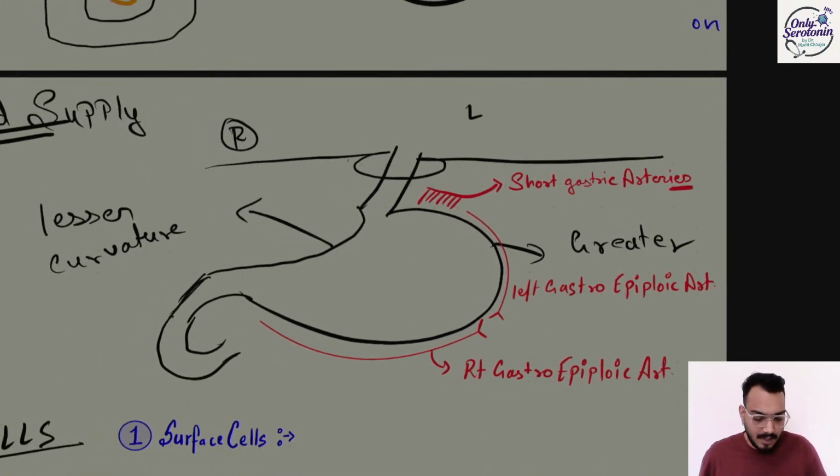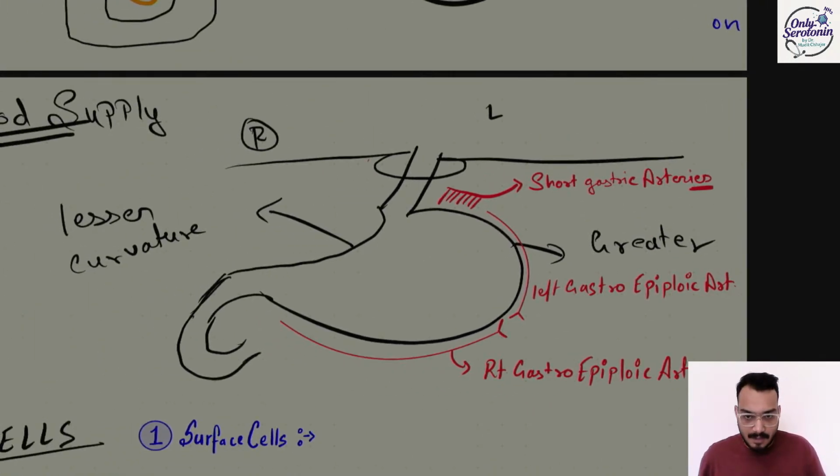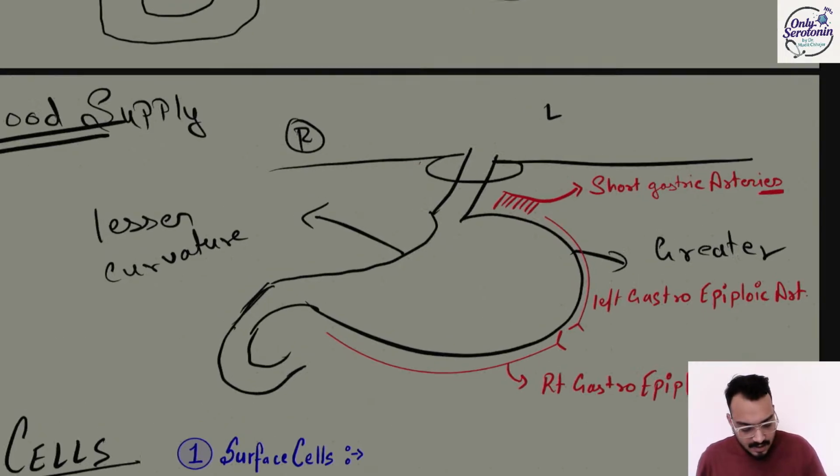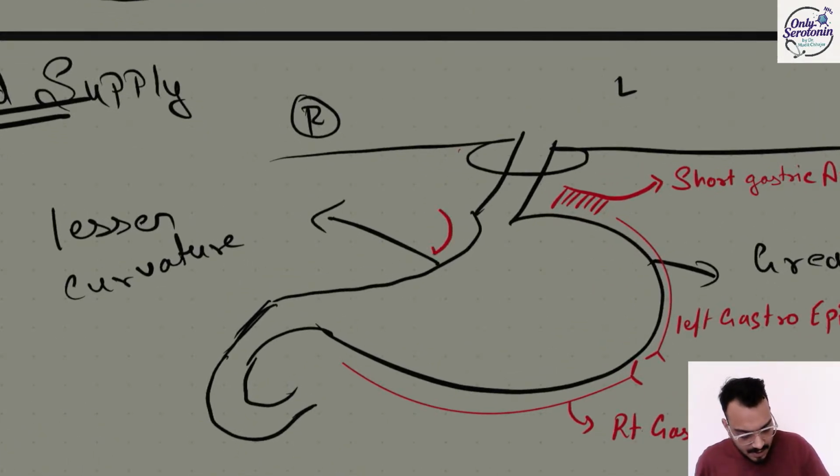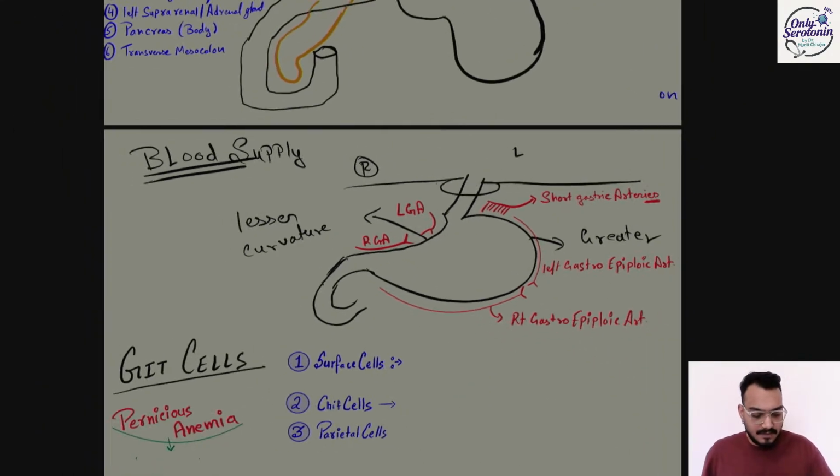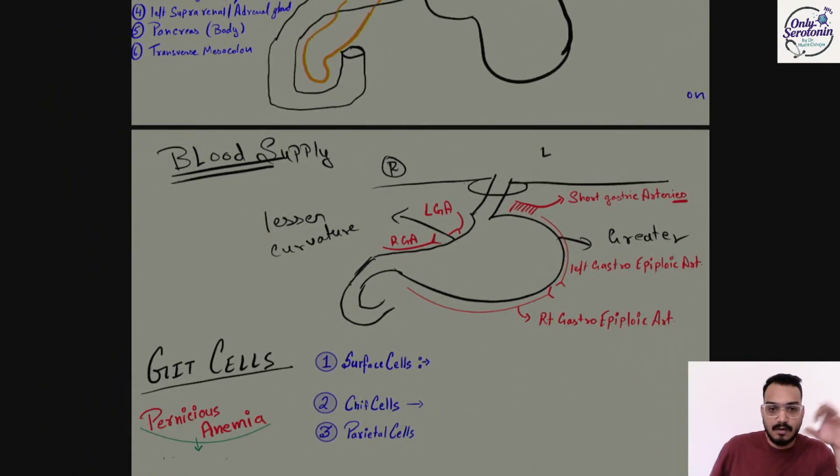Left gastroepiploic artery and right gastroepiploic artery. What about lesser curvature, guys? Again, on the upper side, I am having one artery, and this artery is known as left gastric artery. On the lower side of lesser curvature, I am having right gastric artery. So these five arteries are present where? On the stomach.